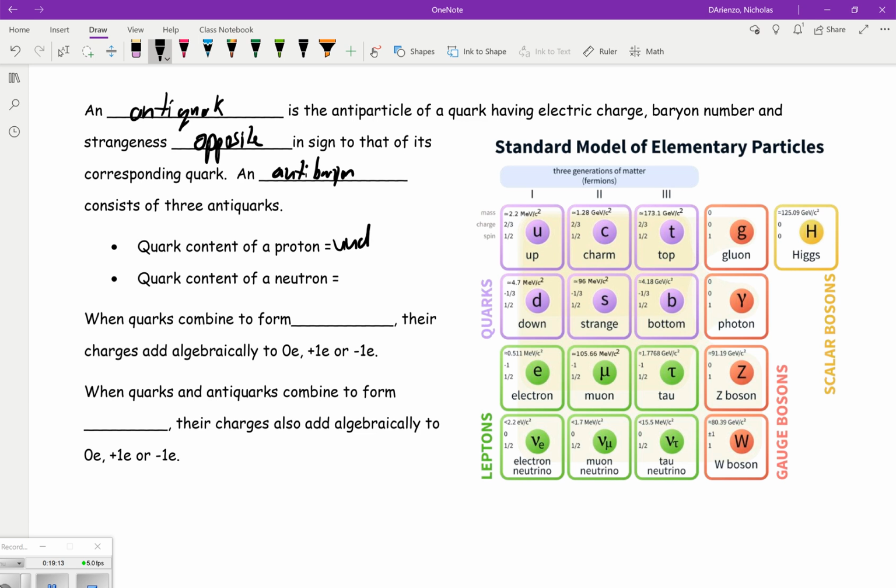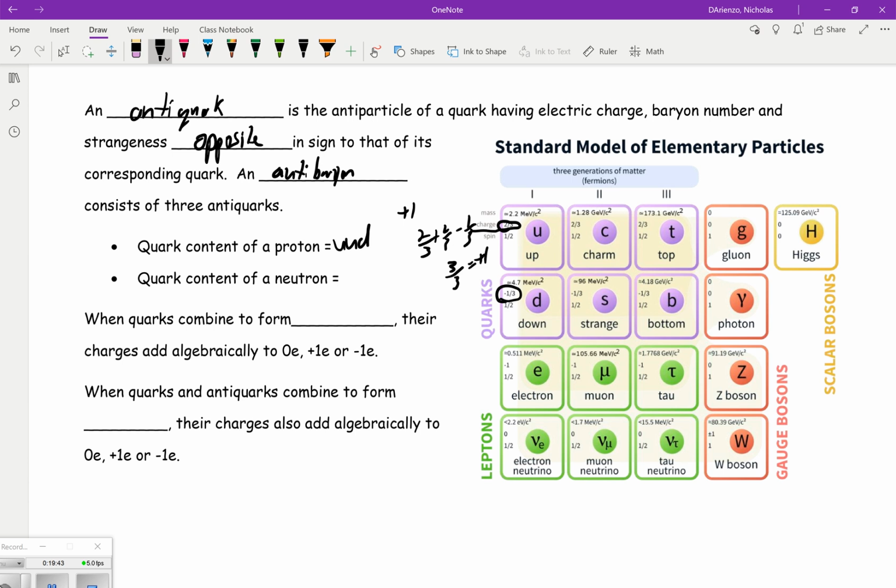And just to summarize this real quick, if we look at the charge, we know the charge on a proton is +1, and the charge of an up quark is 2/3, and the charge on a down quark is -1/3. So if we add those together, 2/3 plus 2/3 minus 1/3, we get 3/3, which is equal to a +1 charge.